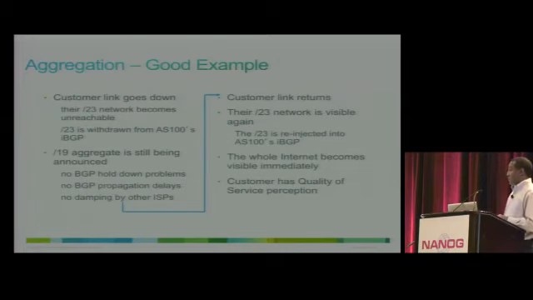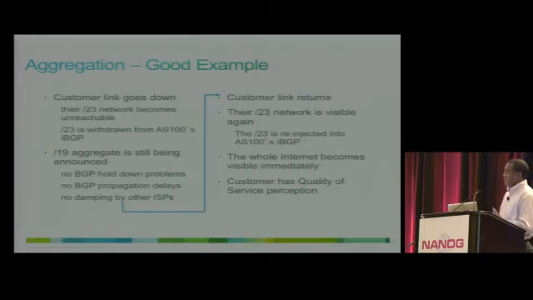So if you think about it, even for the customer, in the previous case, for the customer to receive traffic from the rest of the network, that prefix has to propagate throughout the network before it receives traffic for that prefix. But in this case, since nothing is going to the internet and traffic is coming to that prefix anyway and getting dropped at the upstream ISP, which is ISP 100, when the route is advertised, the customer will receive traffic quickly.